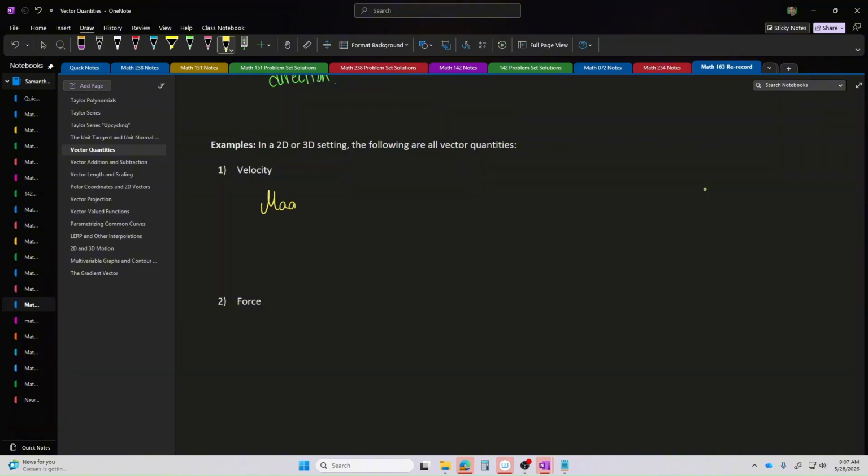The object's speed is the magnitude, the number associated with the velocity vector. The direction associated with the velocity vector tells you the direction in which the object is moving at that instant.